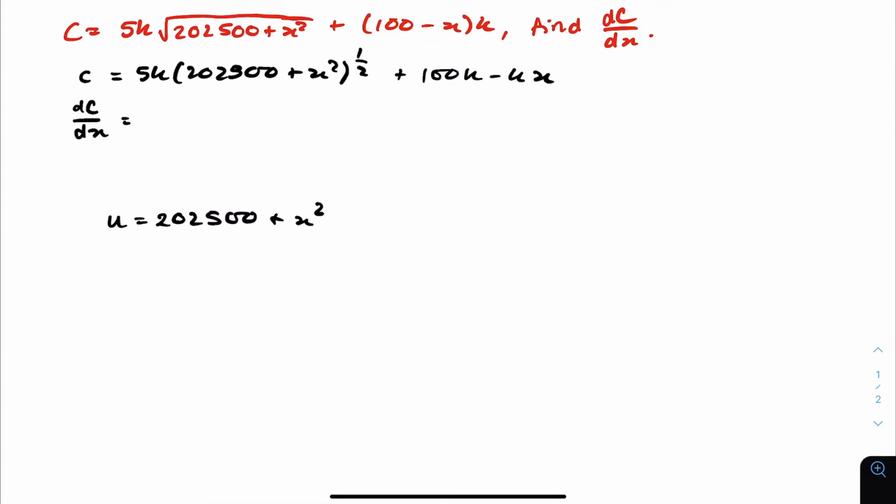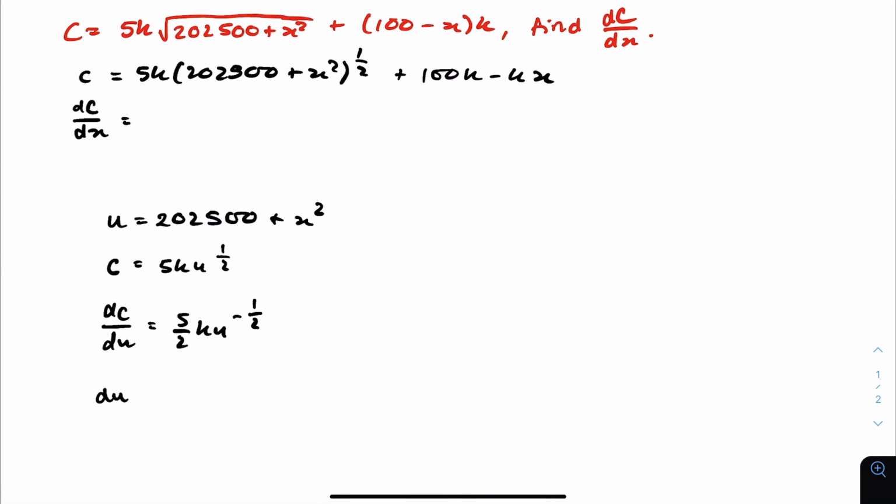So this portion of c is equal to 5k u to the power of half. Now, if we differentiate this portion with respect to u, dc over du is equal to, and then we just use the normal power rule, and we get 5 over 2 k u to the power of negative half. And now we have to differentiate u, as that's all we have left.